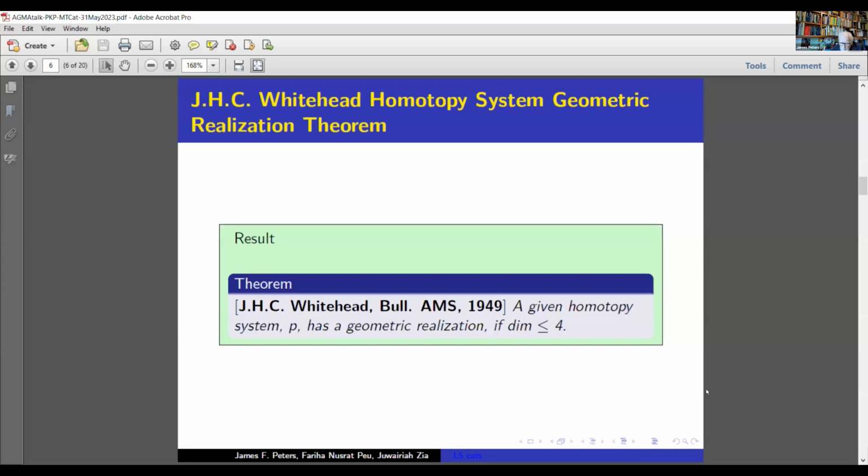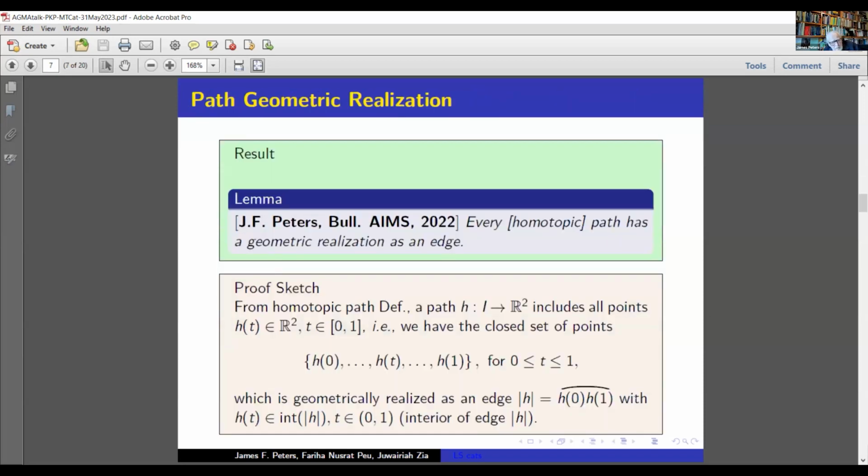The problem would come in if we started considering dimensions higher than 3. And then there's this paper where a lemma was introduced, where every homotopic path has a geometric realization as an edge. Edge in the sense of a line segment in the Euclidean plane or on a Riemannian surface.